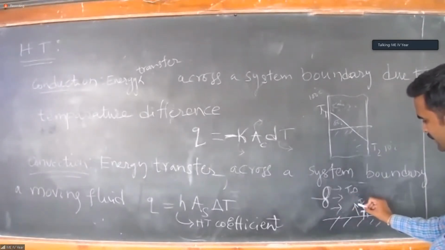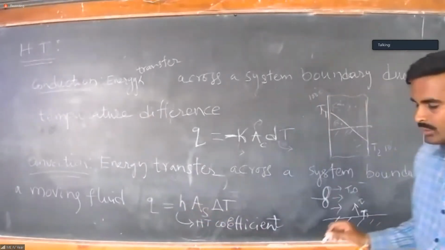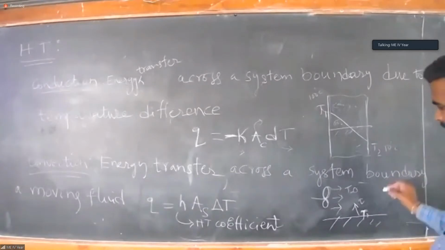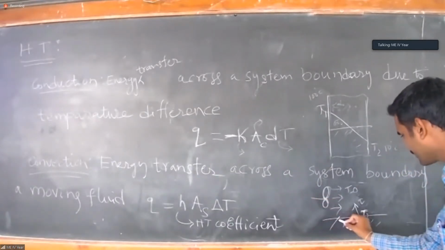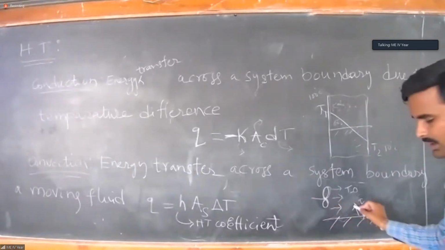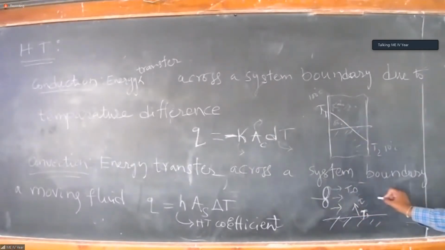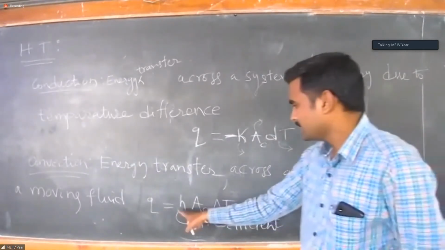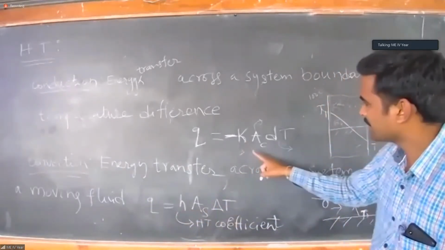That Q value will change, h value will change, so it will not have a fixed value. It will depend on the surface shape and the fluid velocity. So this is not a thermodynamic property, but k is a thermodynamic property.